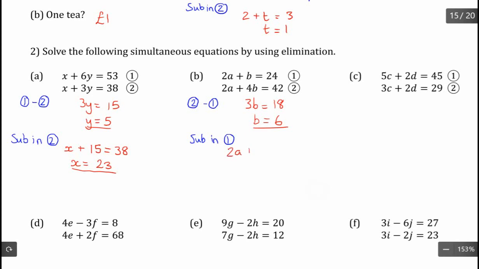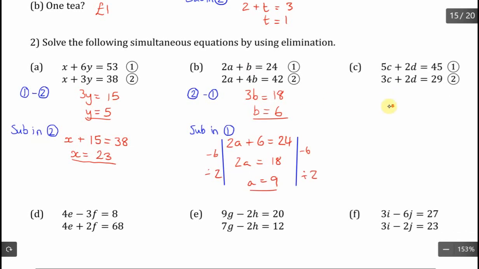So 2a plus 6 equals 24. We're going to minus 6, so 2a equals 18, and then divide by 2, so a equals 9.